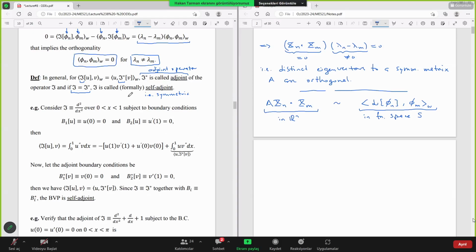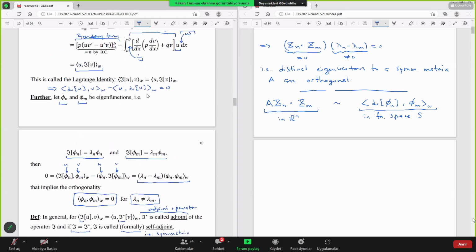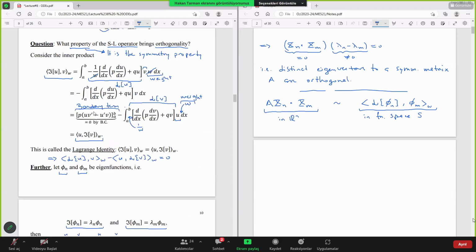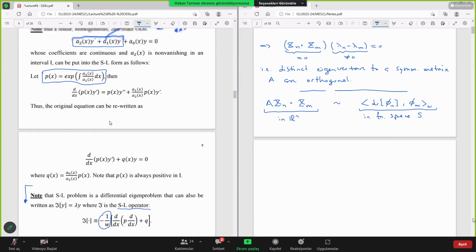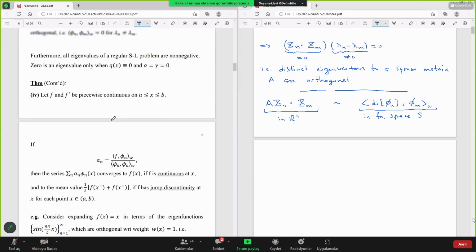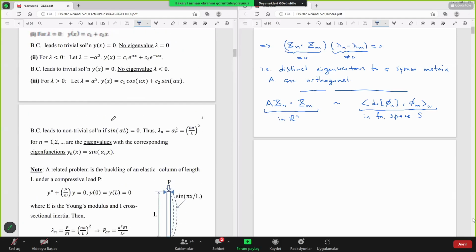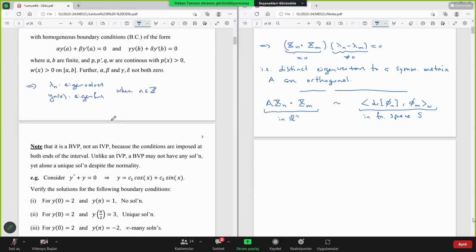I call it formally because, you see, I didn't mention that the boundary terms, by the way, become zero. Okay, by the boundary conditions. What boundary conditions am I talking about? The boundary conditions in the definition of the Sturm problem, right here.